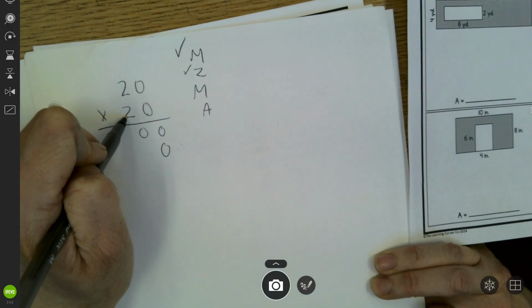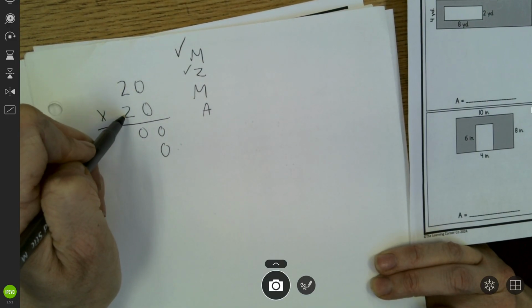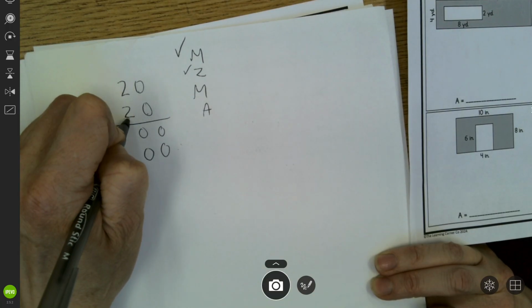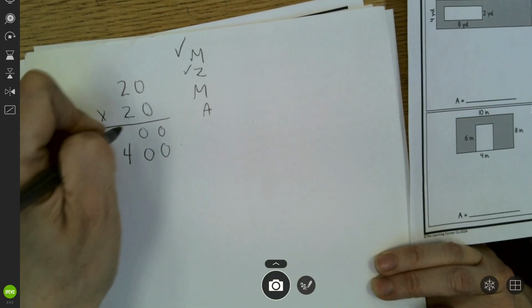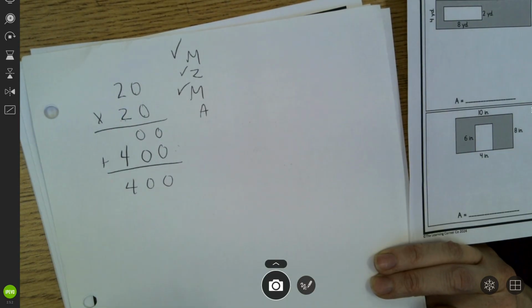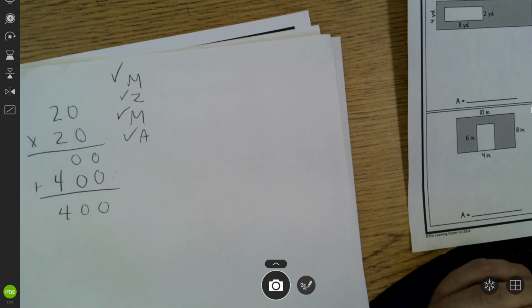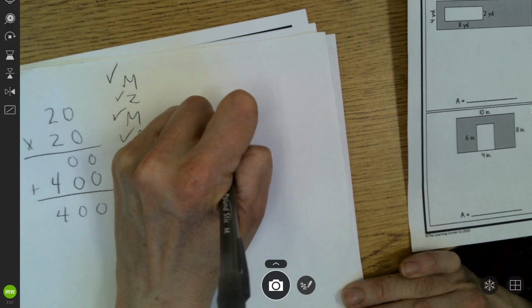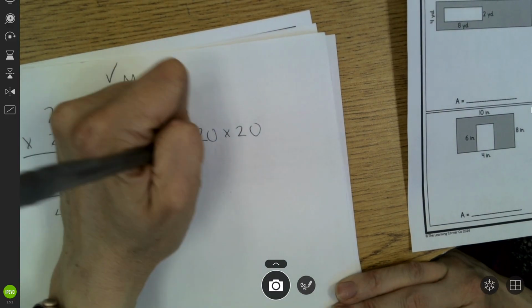So bottom tens multiplies always by the ones place first. So 2 times 0 is 0. 2 times 2 is 4. Voila. Then we add them. 400. Or, look, 20 times 20.